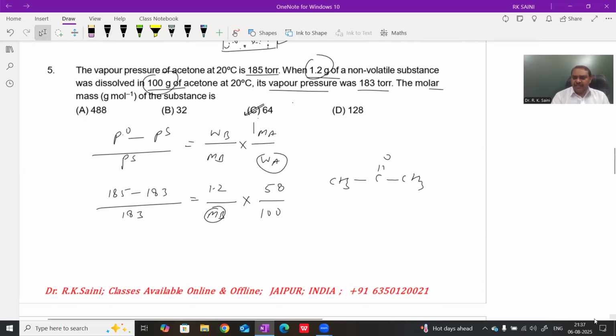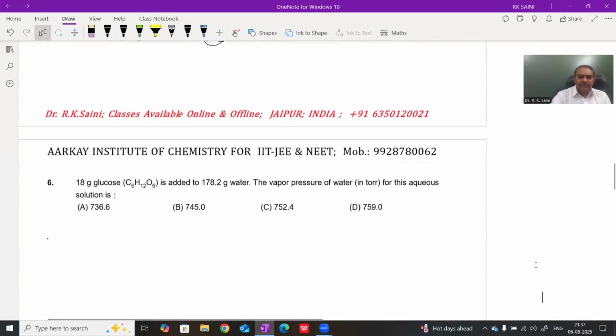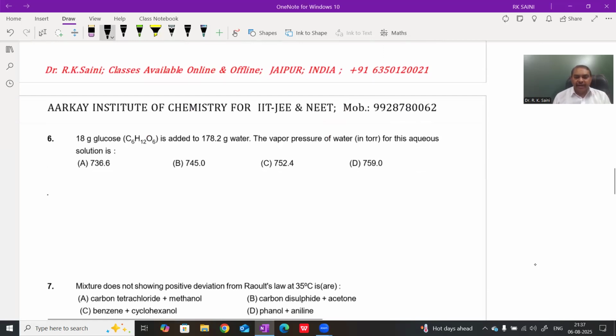Question number 6. 18 gram glucose added in 178.2 gram of water. Vapor pressure of water for this solution, meaning vapor pressure of this solution, not water.